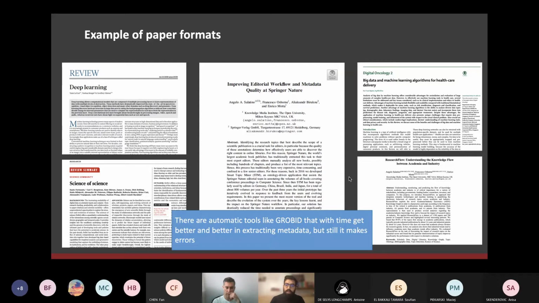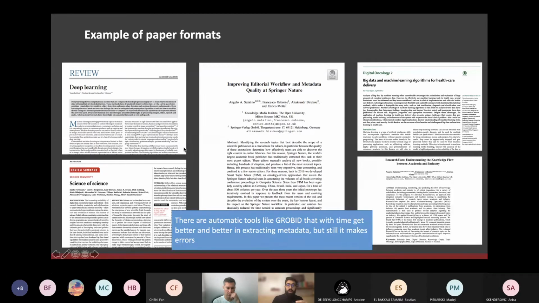I have to build, and this is just 5 of them, but you can imagine there are hundreds of them, thousands of them. Each journal has its own template. So this is just to give you a little bit of understanding of how complex things can get when I want to extract information from PDFs.